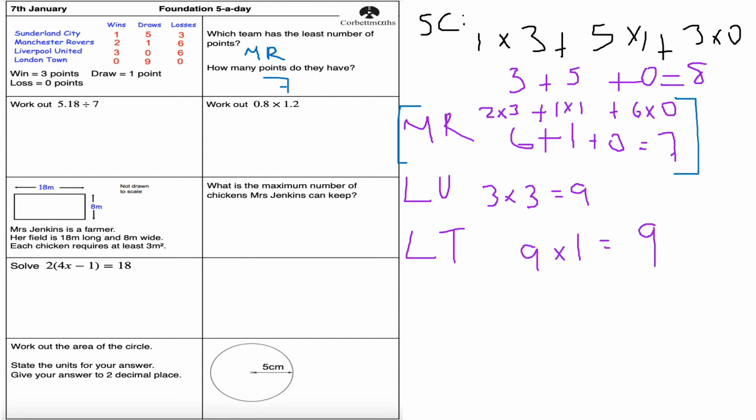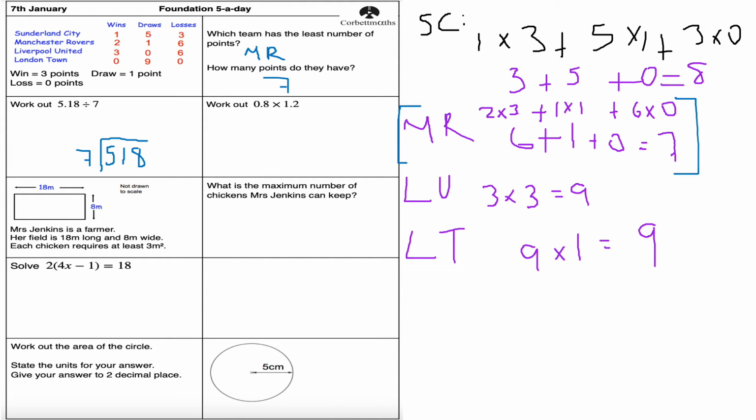Question number 2, guys. Work out 5.18 divided by 7. What I can do is 518 divided by 7, and then put the decimal place in if it makes it any easier.